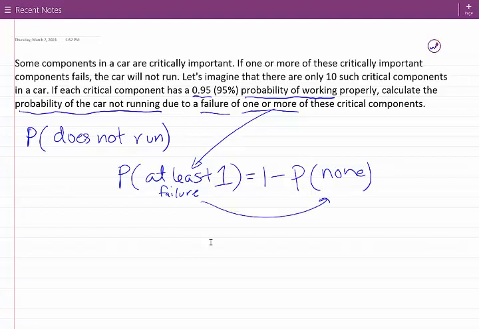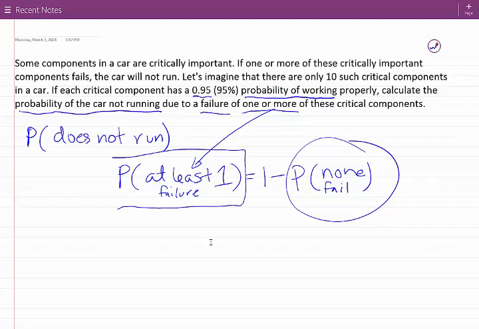So it would be 1 minus the probability that none fail, right? So if I work out this probability, which is actually much easier because there's only one way that none of them fail, if I work that out, then I can get the answer to the question I really want, which is the probability that at least one of them fail.